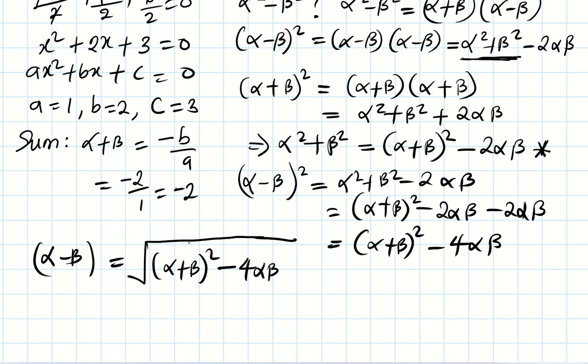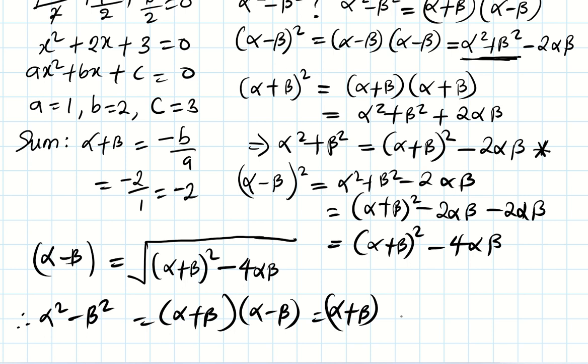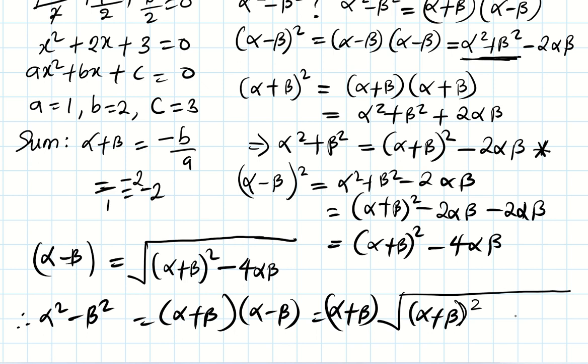On having this, we can now have alpha² − beta² equal to (alpha plus beta)(alpha minus beta), which is equal to alpha plus beta, then the square root of (alpha plus beta)² − 4 alpha beta.